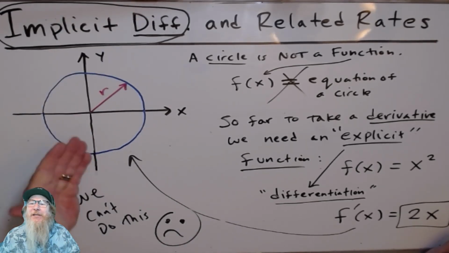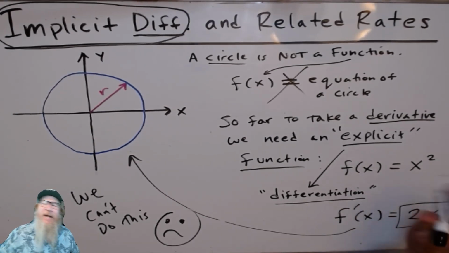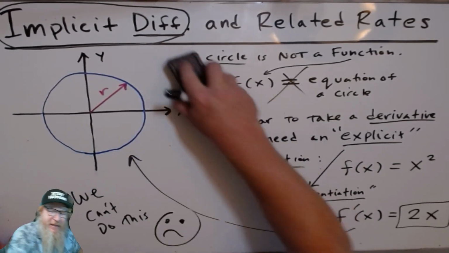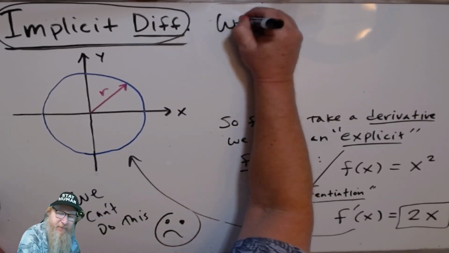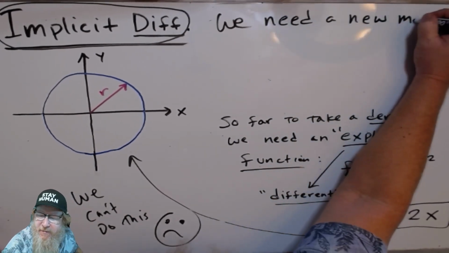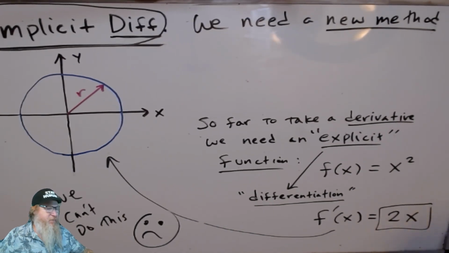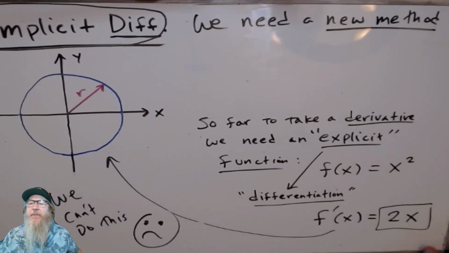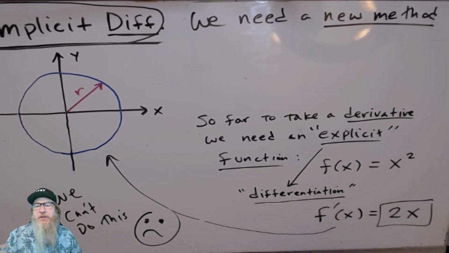So we would like to be able to do this. So we need a new method. And that new method is called implicit differentiation. Just like everything, we learn a technique, we develop a technique, and then that technique becomes useless at some point.